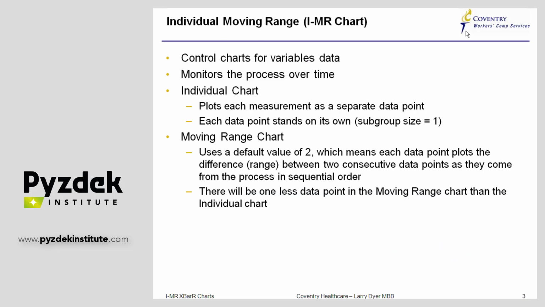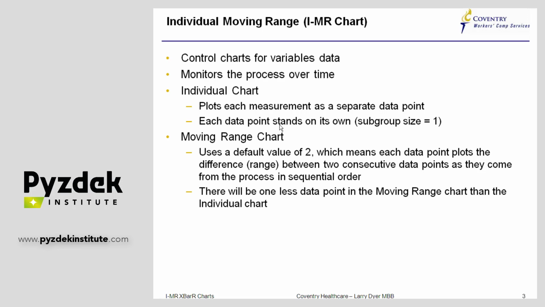So the individual chart is a control chart for variable data. It's for continuous data, monitors the process over time, and you'll see through this, I mentioned a couple times that we're using time-ordered data. It plots the measurements as a separate data point for each value, so each data point stands on its own, group size of 1.